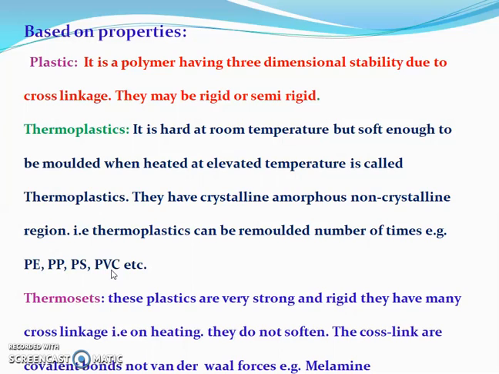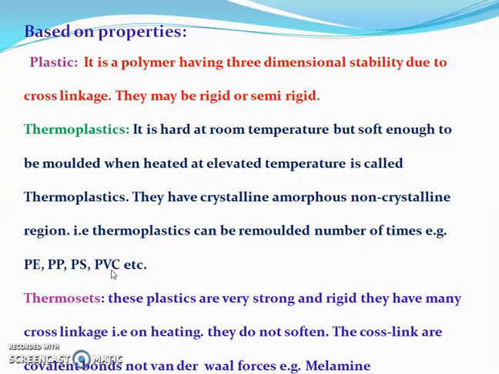Now we discuss thermosetting plastics. Thermosetting plastics are very strong and rigid. They have many cross-linkages, and on applying heat, unlike thermoplastics, they do not soften, and hence cannot be remolded or remelted by heating; they become brittle.